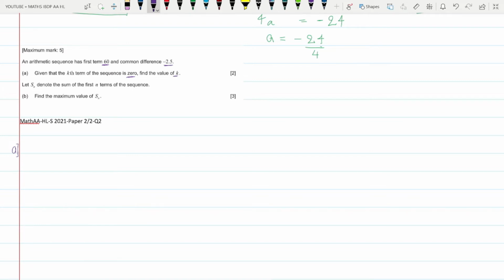They have mentioned that the kth term of the sequence is 0. So uk is equal to 0. Find the value of k.